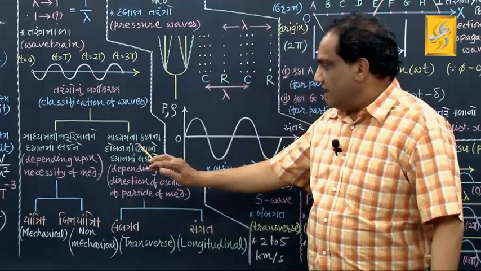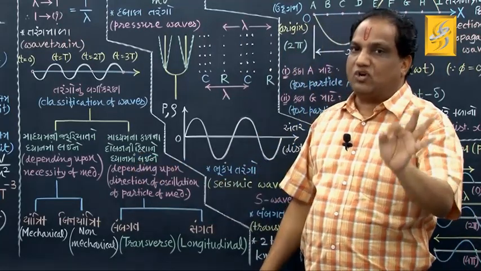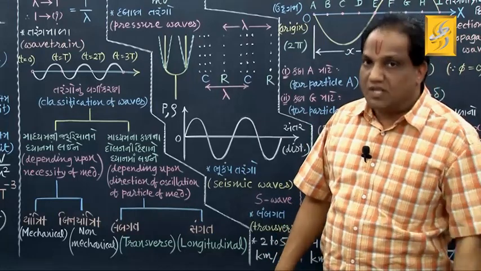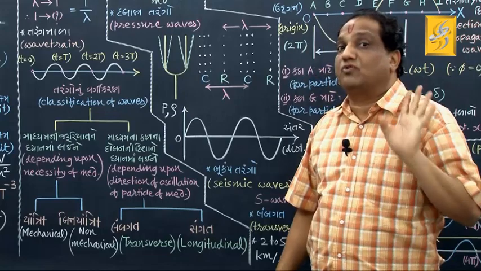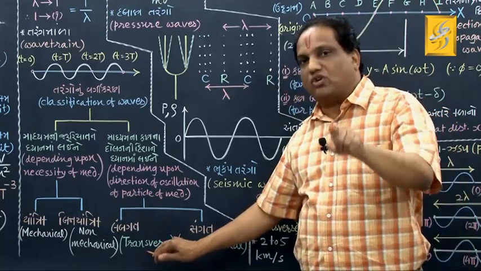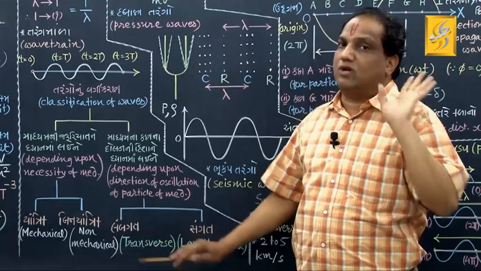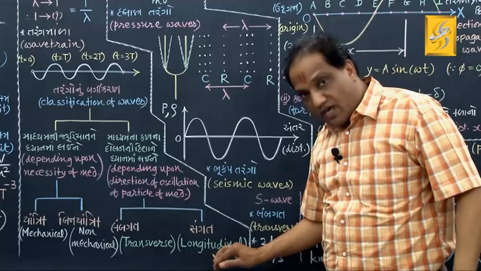The second basis is the direction of oscillation of particles of the medium. If the direction of oscillation of particles of the medium is perpendicular to the direction of propagation of the wave, such waves are called transverse waves. If it is parallel to the direction of propagation, such waves are called longitudinal waves.